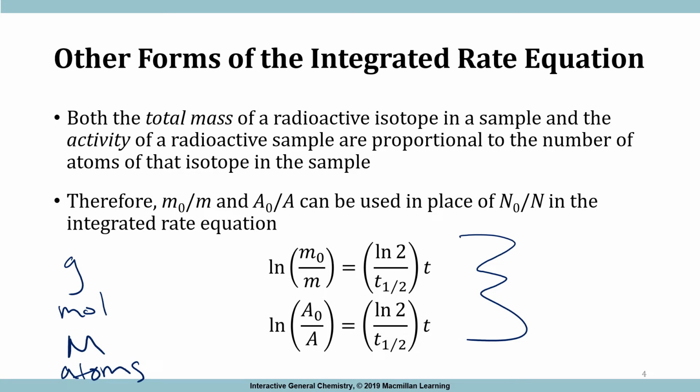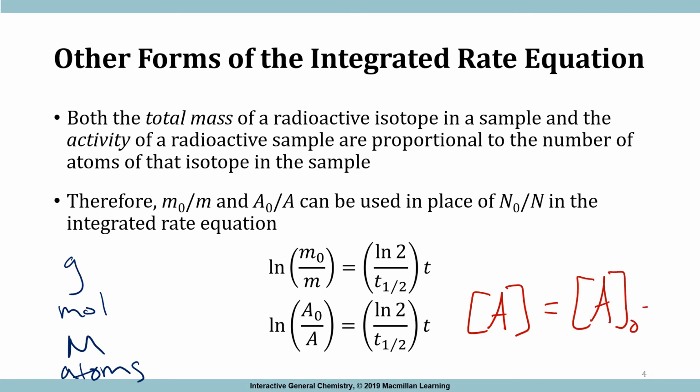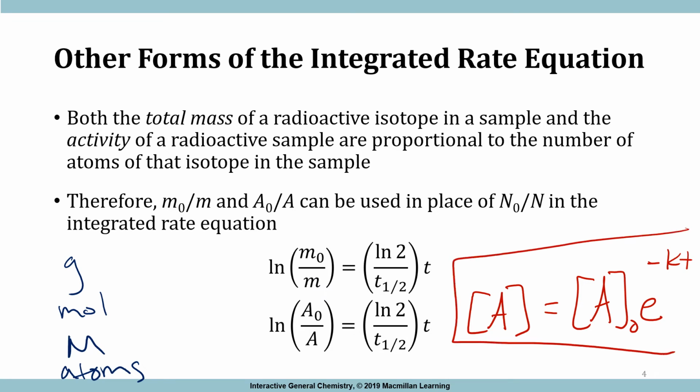So you could just replace it as long as you keep everything consistent, where A naught represents your initial amount and A represents the amount after that specific time. And once again, another way you could write this equation is A is equal to A naught e to the negative kt. So it's the exact same equation as this. I've just moved things around. Maybe it makes your life a little bit simpler, but it's the exact same equation.